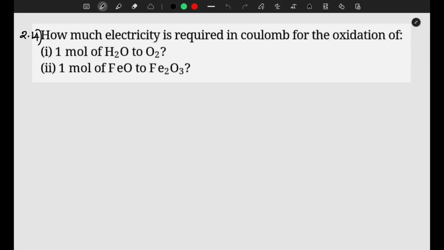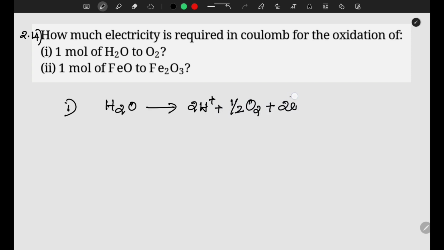How much electricity is required in Coulomb for the oxidation of 1 mole of H2O to O2? So H2O gives 2H+ plus half O2 plus 2 electrons. So here the number of moles of electron used is 2 moles. That means 2 Faraday.